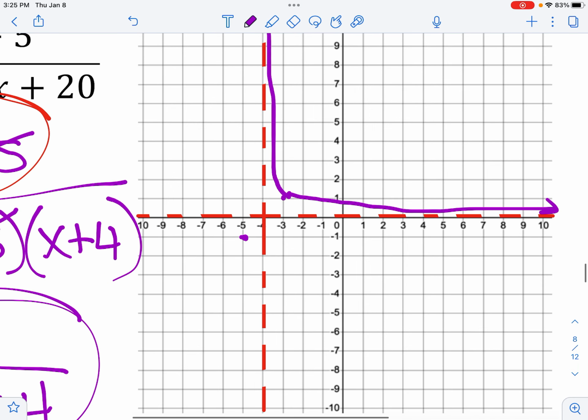Now, same thing here. Okay, now at this spot though, I have a hole, so I do have to take care of that.